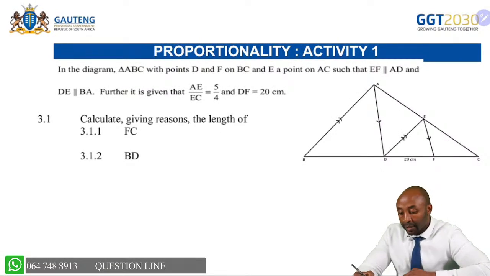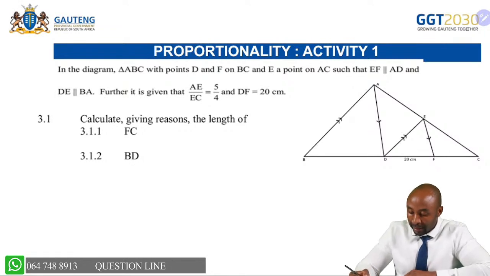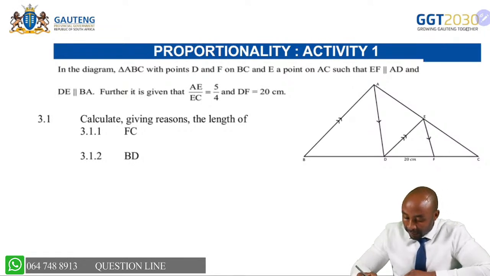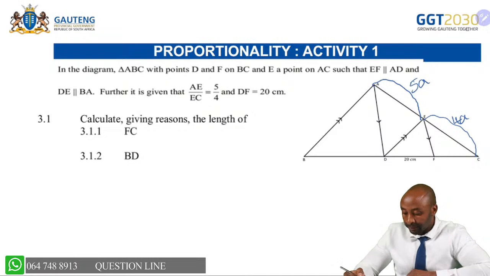We've enjoyed the question. Now, let's quickly do it together. We are given information about AE and EC. So AE to EC will give us our 5A and our 4A.